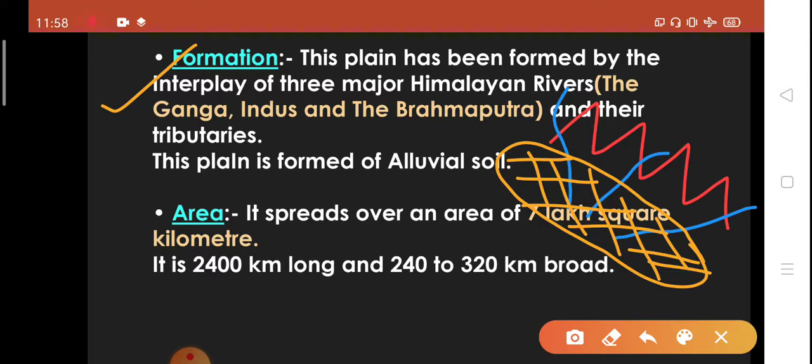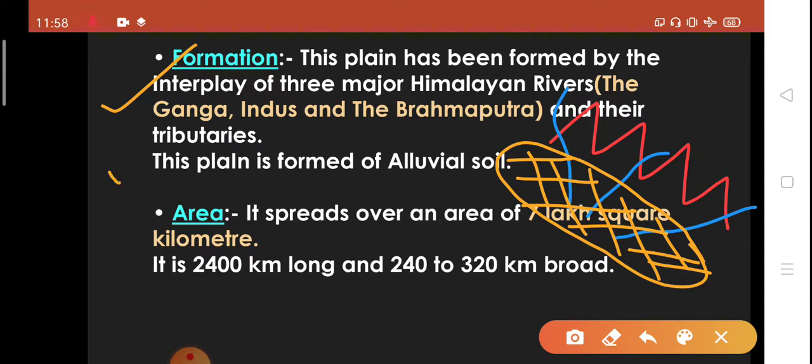Thus we can say that in the formation of northern plains, the 3 major Himalayan rivers, the Ganga, the Indus, and the Brahmaputra, play a major role because they bring along water and all the sediments from the Himalayan mountains, which then get deposited here and form the northern plains.